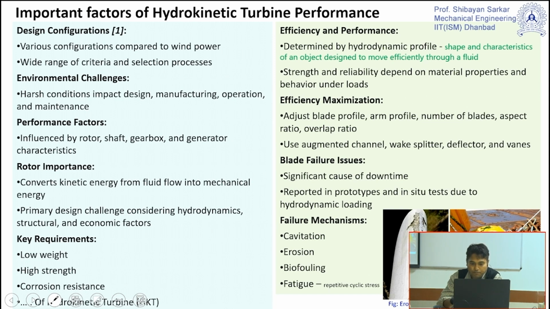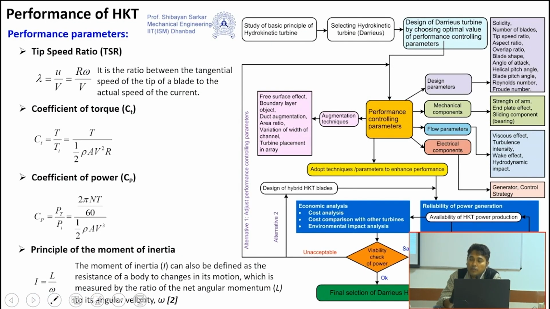Now, whenever we are talking about the performance of a turbine, there are a few parameters that actually drive that performance. First one is the tip speed ratio for this particular turbine. This is the ratio of the tangential speed of the tip of the blade divided by the fluid flow coming out of this particular river.